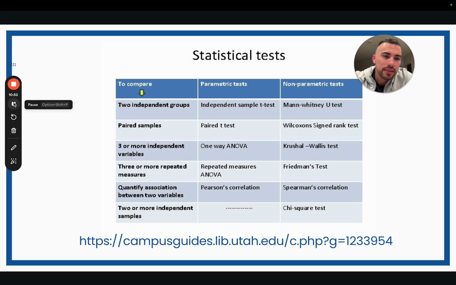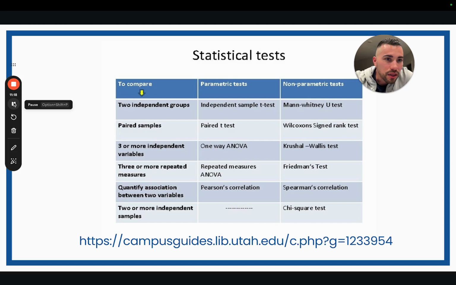Once we have these concepts clear, we want to choose the right statistical test for our data. In order to do this, we want to make sure that our data is normally distributed and it fulfills the criteria or the assumptions for this matter. If that's the case, we will go with parametric tests, which is usually obtained with large sample size.